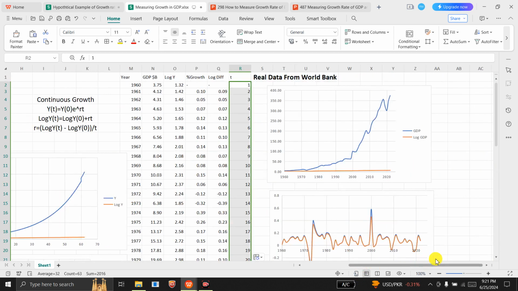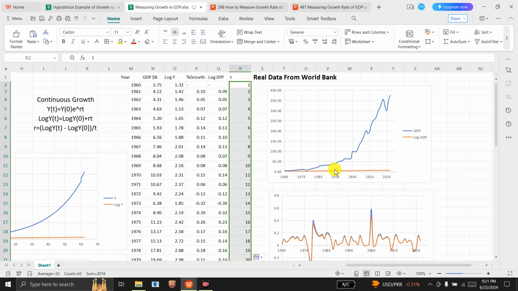Before I do that, let me share with you, I have made a graph of the actual GDP in billion US dollars. So this is the graph of the GDP, and this is the graph of the log of GDP. Since log basically contracts the data, it squeezed up the data.